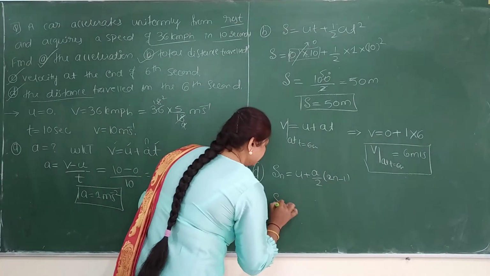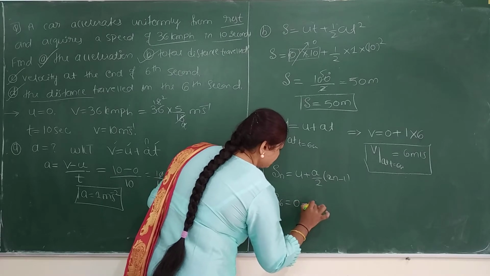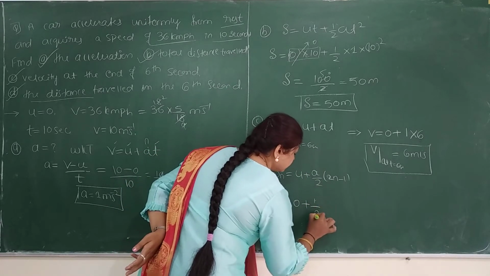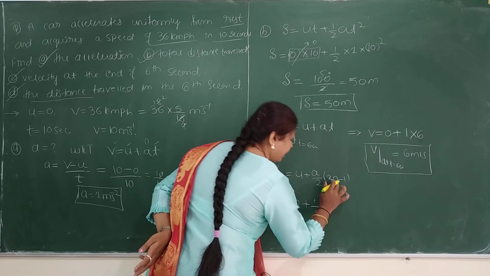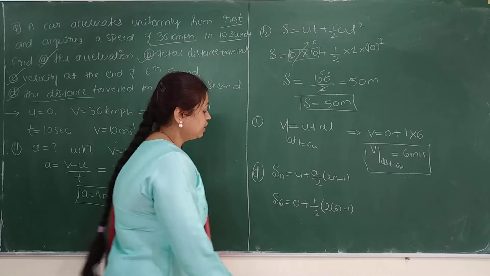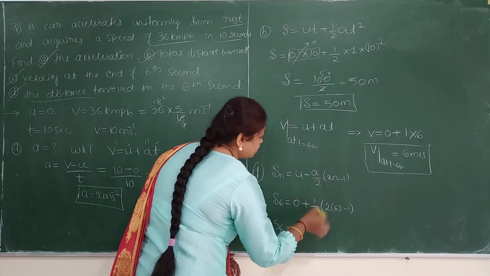So just write here S6 is equal to initial velocity 0, plus acceleration is how much? 1 meter per second squared, divided by 2, into (2n minus 1), with n value 6. Now calculate here. S6 is equal to, this will be 0, leave it.